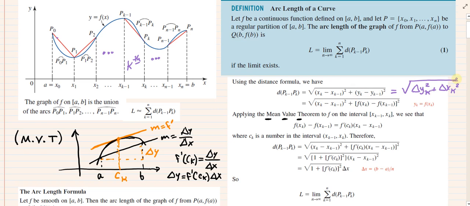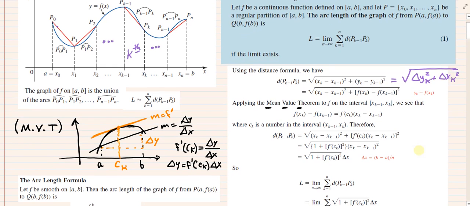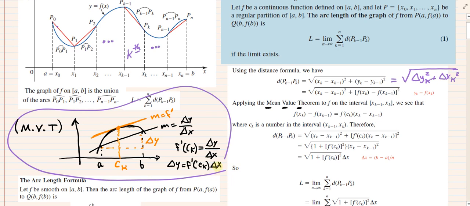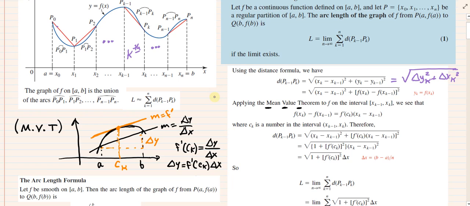Now, the next step is when we apply the mean value theorem. And right in here on the left side, I have recalled what the mean value theorem was.